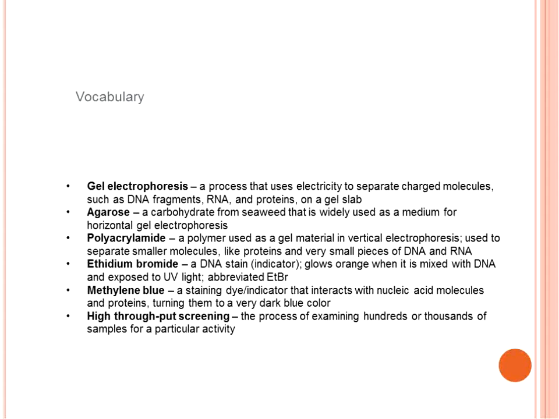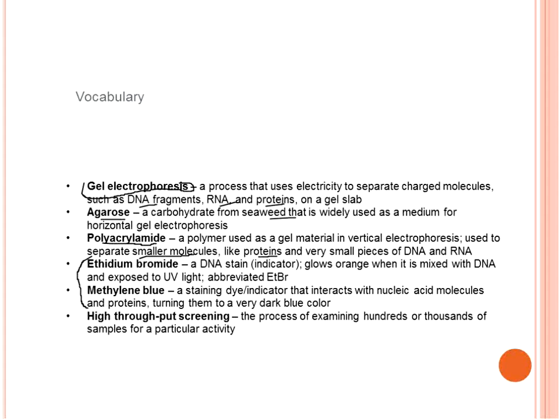Okay. Some vocabulary, see if we know all of this. Gel electrophoresis, we know that it's the process that uses electricity to separate charged molecules. In our case, it's the DNA fragments, but it could be RNA or it could be protein on a gel. Agarose is a polysaccharide from seaweed that is used for gel electrophoresis. Polyacrylamide is another polymer that is used for smaller DNA molecules and proteins.